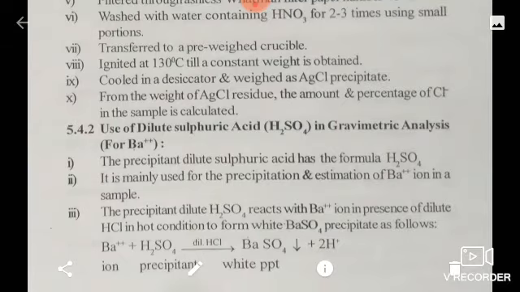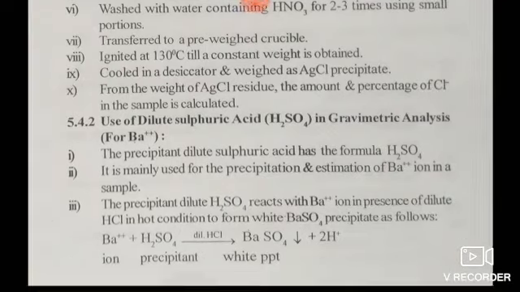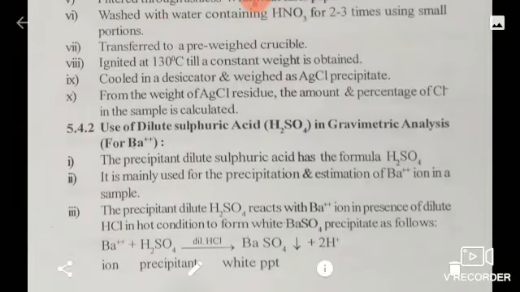Finally, from the weight of the AgCl residue, the amount and percentage of chloride ion in the sample is calculated. So this is the use of AgNO3 in the precipitation of chloride ion.